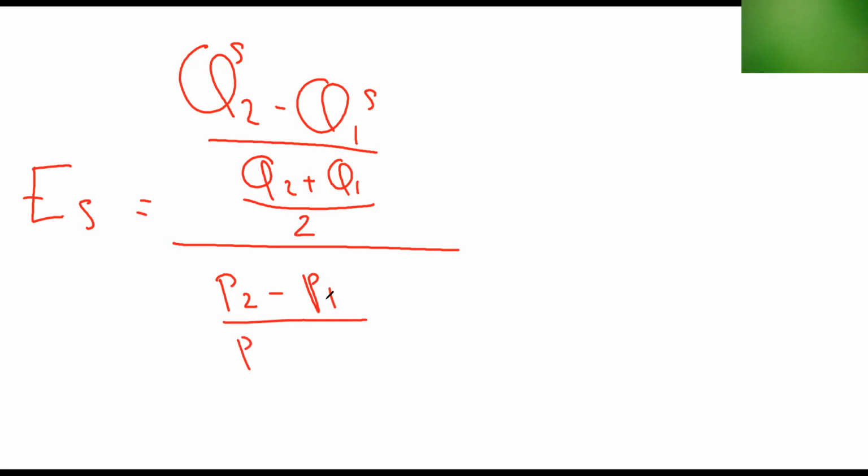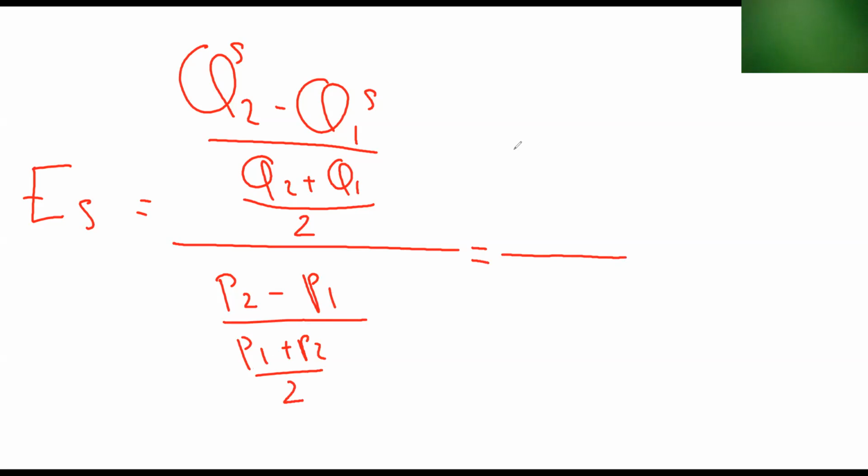So this P2 minus P1 is the change in price, and then I'm going to take the average of these two. If you look at the graph, the quantity is 7 and 5.